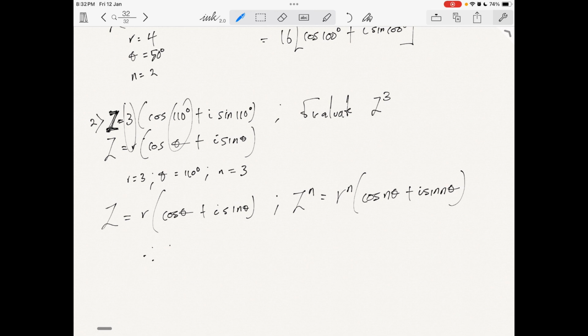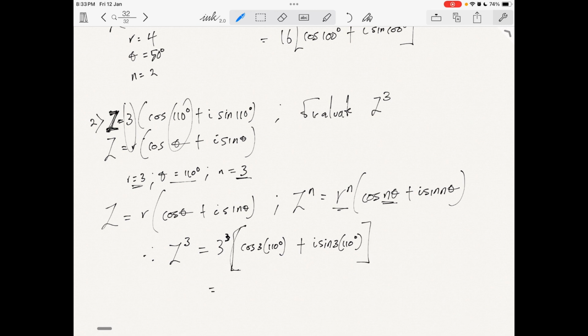Therefore, z raised to power 3, as the question implies, is r raised to power n, and our r is 3, our n is also 3, into cos 3 times 110 degrees, plus i sine 3 times 110 degrees.